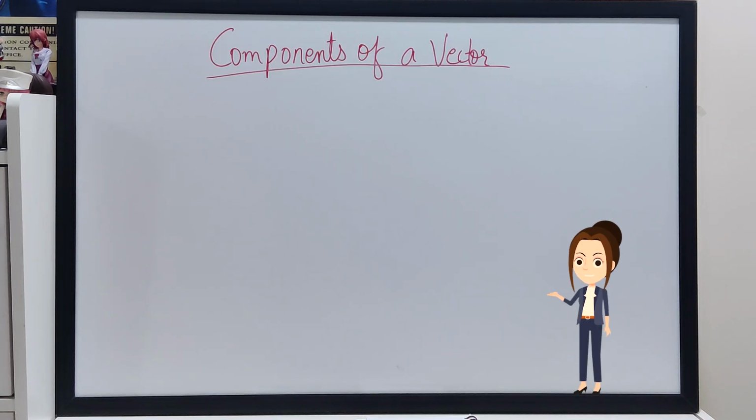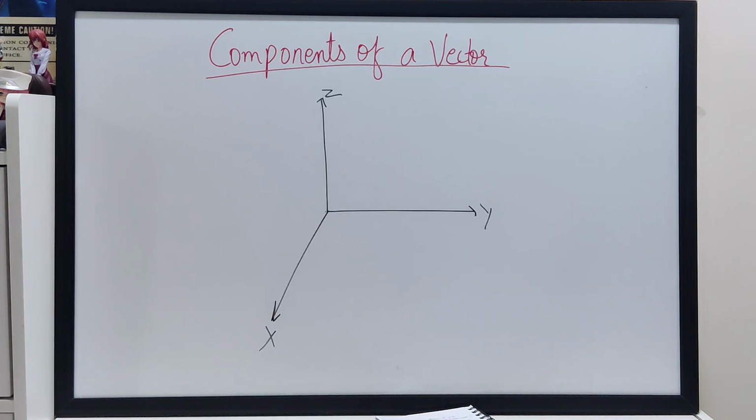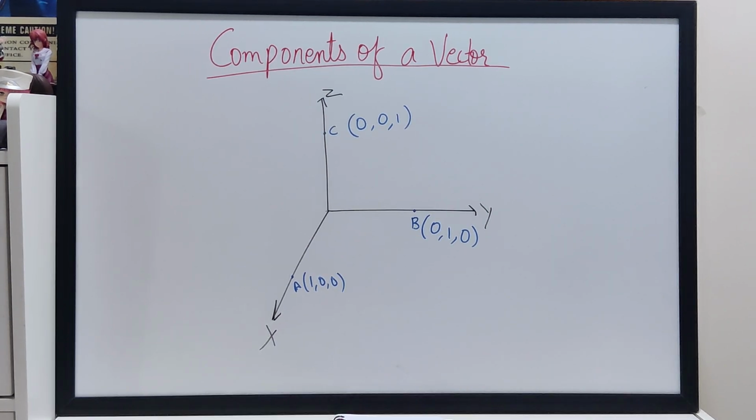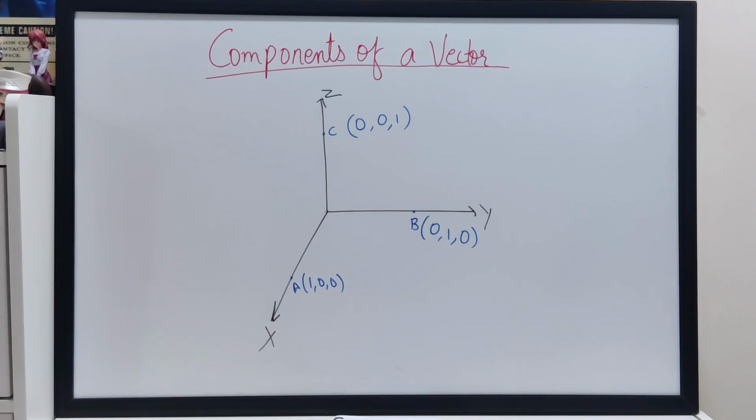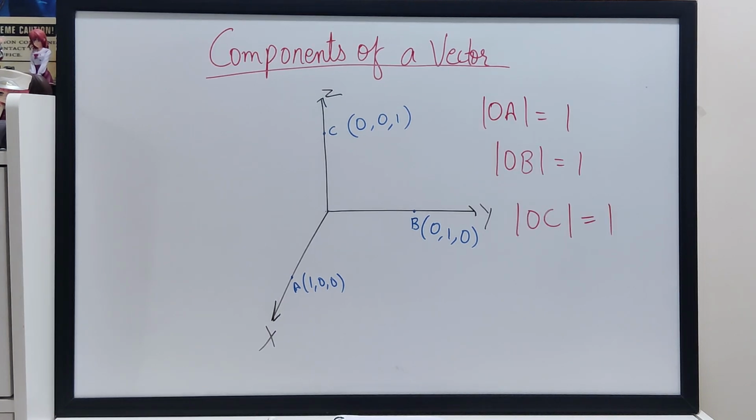Now, what are the components of a vector? We have 3 points on the xyz axis. Now, if I say 1, 1, 1 is a point P, how can you plot it? Yes. So OA will be 1, OB will be 1, OC will be 1.